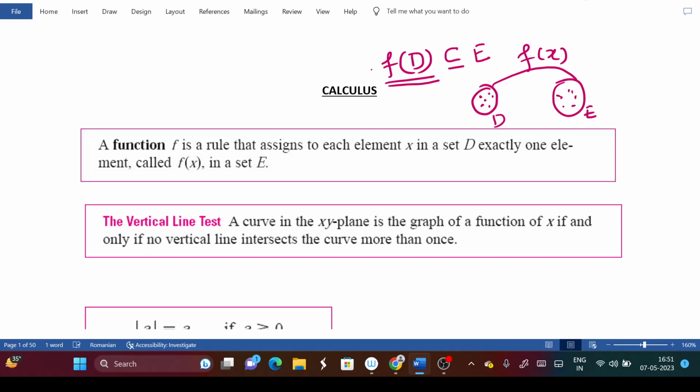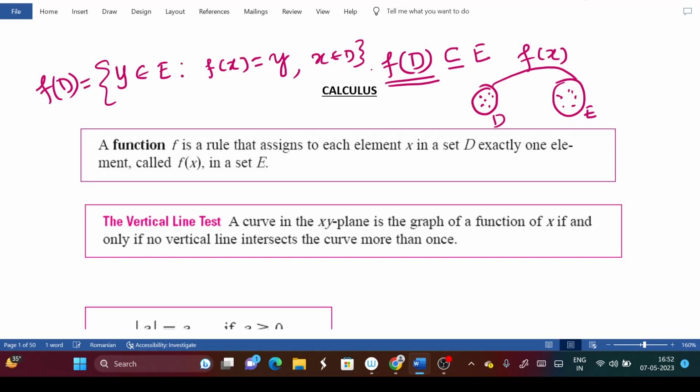What is f of D here? f of D is nothing but the set of all y belonging to E such that f of x is equal to y for some x belonging to D. So all those y's which are images of points of D constitute my f of D, which is said to be the range of f.